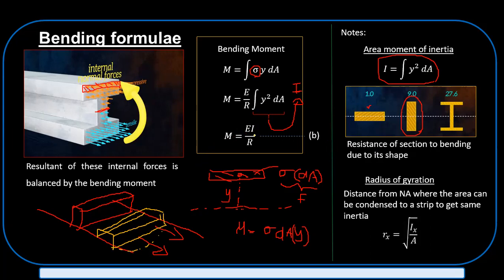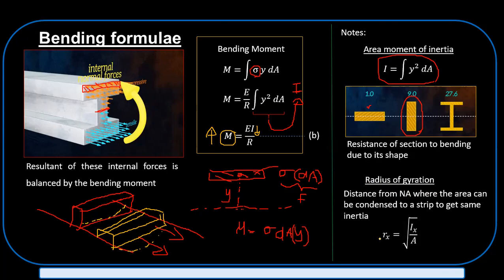You can see if your I is reduced, your M is increased, right? If your I is high, you have a good resistance to bending due to its shape. Another term that comes with this is called the radius of gyration.